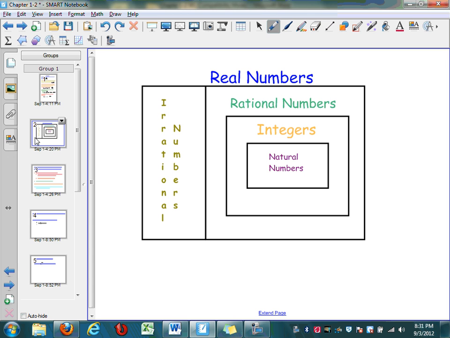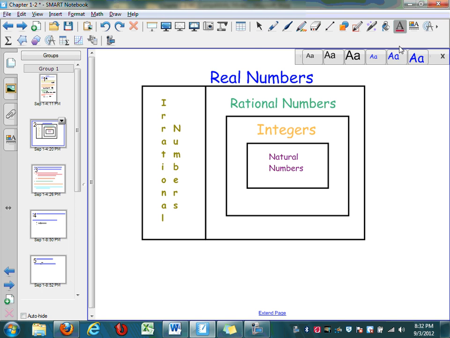Now, I gave you this lovely little picture, and these were the stackable cups that I talked about at the beginning of the year. Now, with that said, remember I talked about if you are a rational number, do you have to be an integer? Let me just type that out for you so you can read that and you can see it.